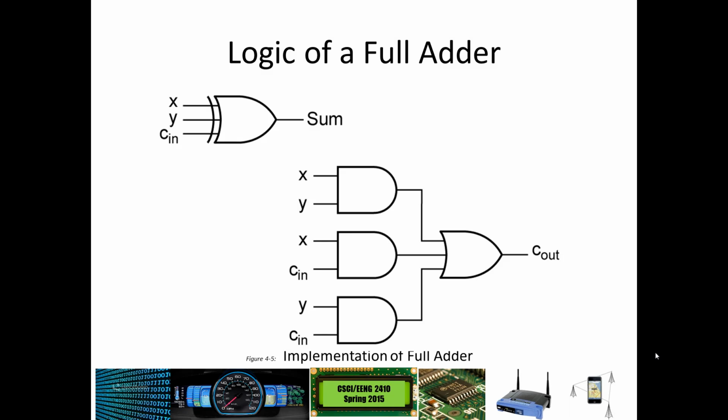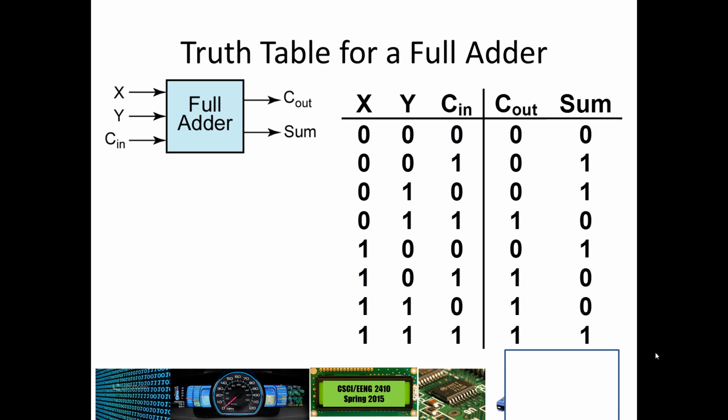So if you happen to have an odd number of 1 bits, whether that happen to be 3 or 1, that's when you're going to get a 1 out. When you happen to have an even number of bits, whether that's all zeros or 2 1s or something like that, when you have an even number of 1s, then that is when you're going to have a 0 output there.